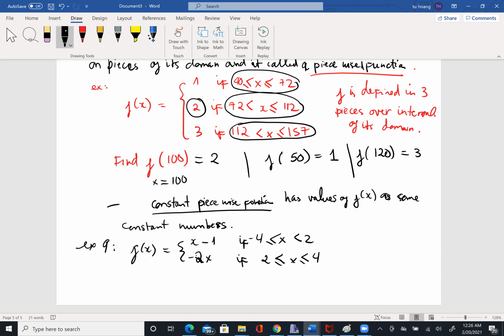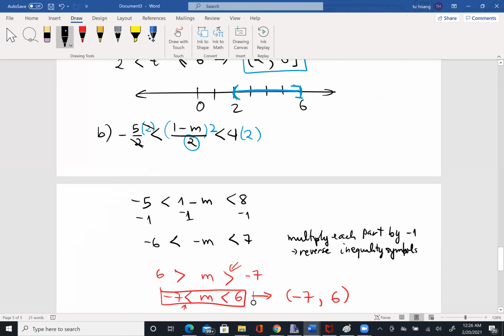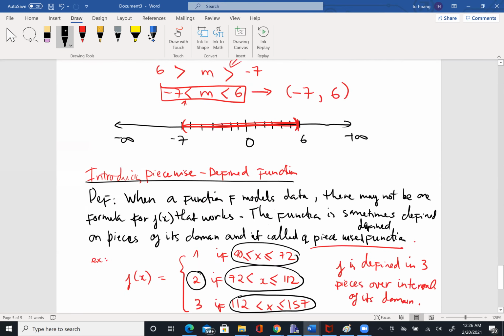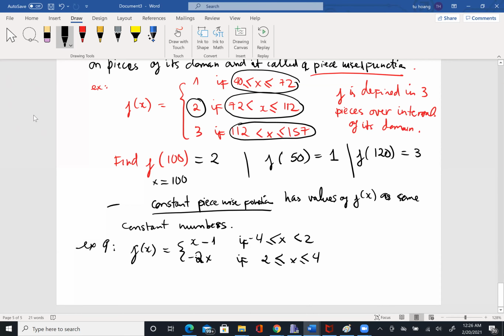Okay, so you can see that it is divided into 2 pieces.